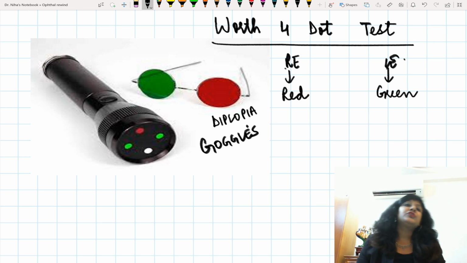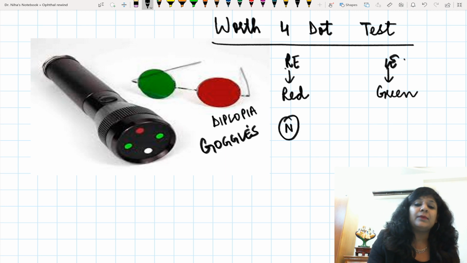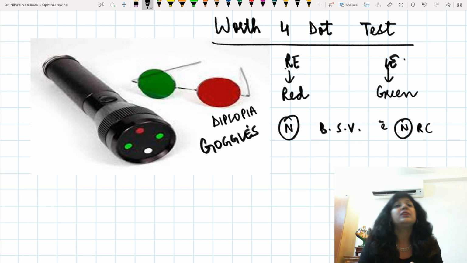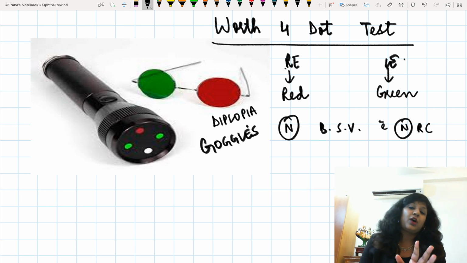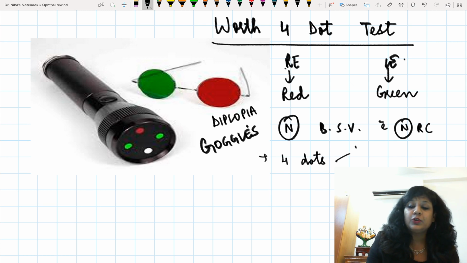Okay, now suppose the person is normal, having normal binocular single vision with normal retinal correspondence. Then the person will see 4 dots: 2 green dots, 1 red dot and 1 white dot.